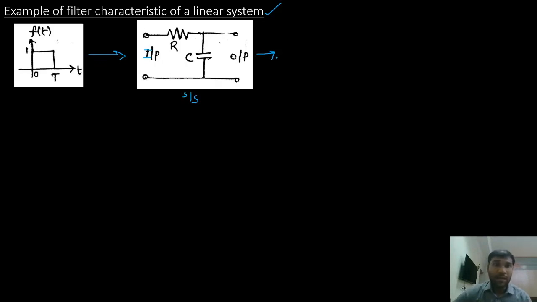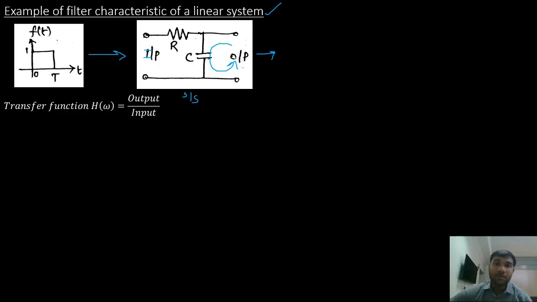So first I'll find the impulse response of my system. To find the impulse response of the system, what should I find? I should find the transfer function first. Transfer function is nothing but output spectrum by input spectrum. Now what is my output spectrum?